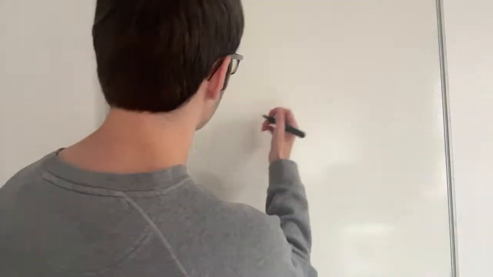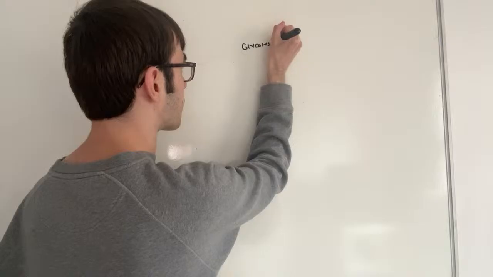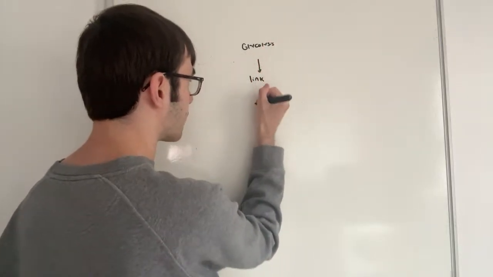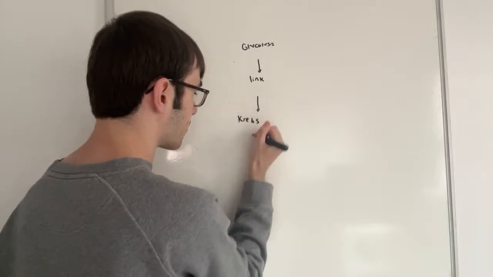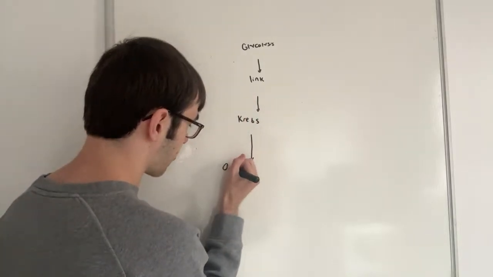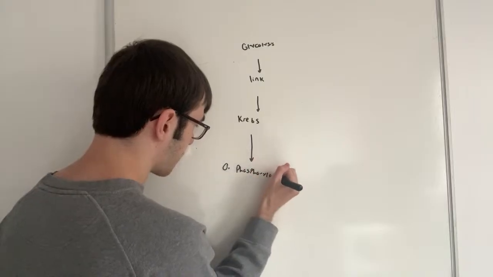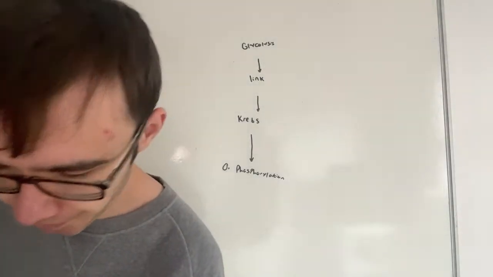Okay, so I want to draw everything. So it's glycolysis. Then it's link. Then it's Krebs. Then it's oxidative phosphorylation.